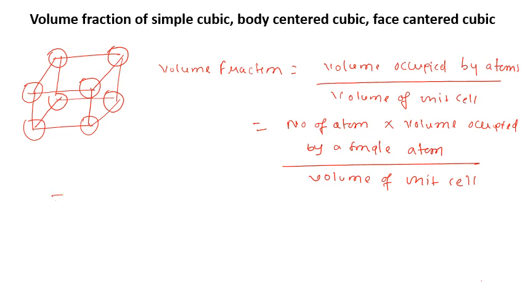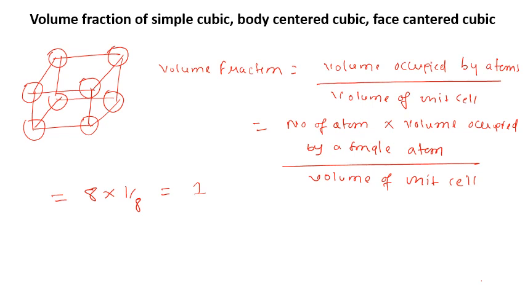Firstly we can see we have 8 atoms in the cubic unit cell, and each atom is shared by 8 different cubic unit cells. So the contribution of a single atom in a particular unit cell will be 1 by 8. There is no other atom in case of the simple cubic, so there is only one atom per unit cell of simple cubic.